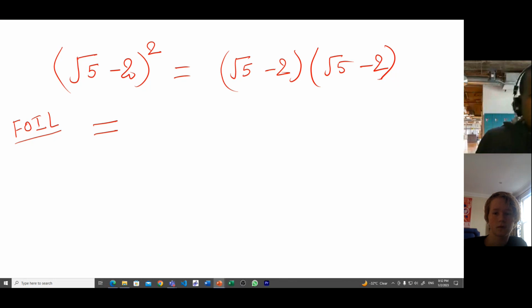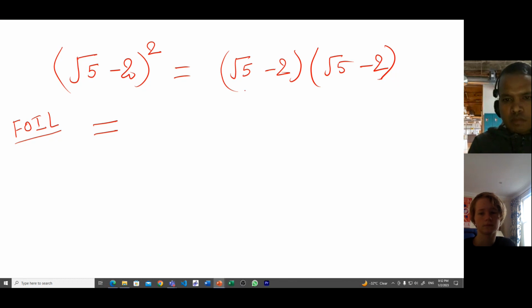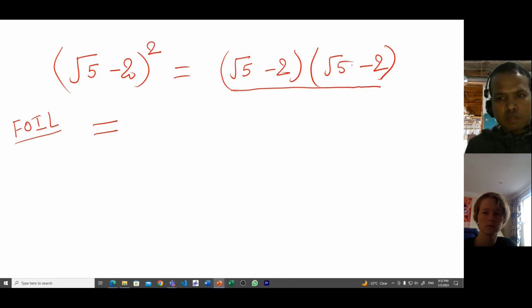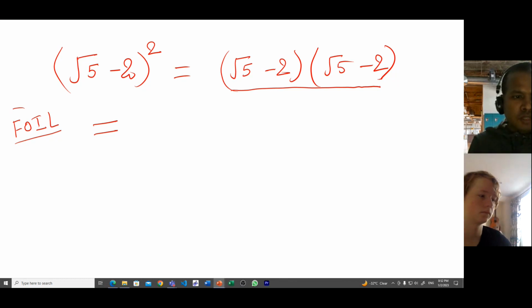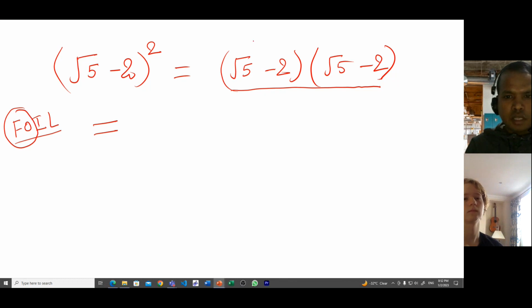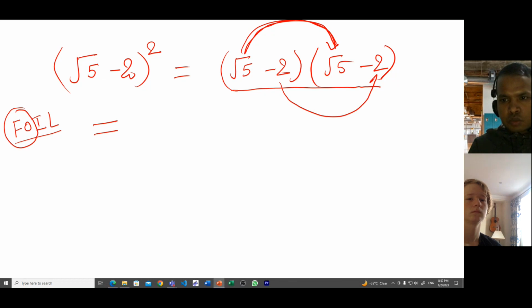When we are writing square root of 5 minus 2, whole squared, in expanded form, that's going to be square root of 5 minus 2 multiplied with itself. First we multiply the outside ones, square root of 5 with square root of 5, and minus 2 with minus 2, outside with outside.